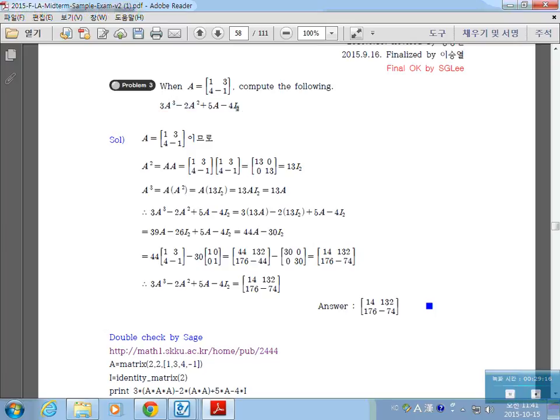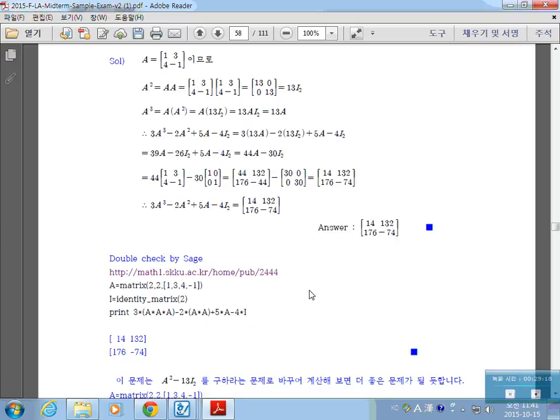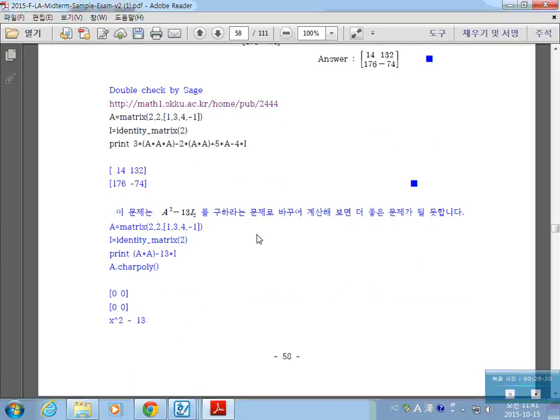This is a matrix polynomial. I made this. Then you will see, for that matrix, A cube, A square minus 13 times identity matrix is equal to 0 matrix. Actually, this gives you the concept of characteristic polynomial to find the eigenvalues of it.